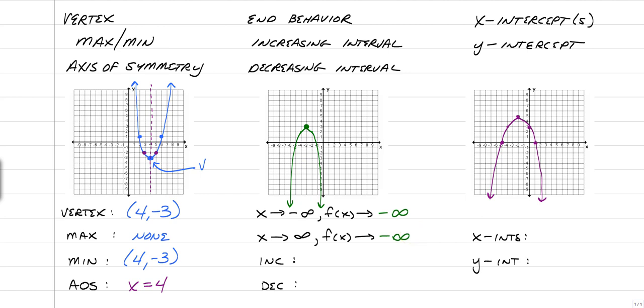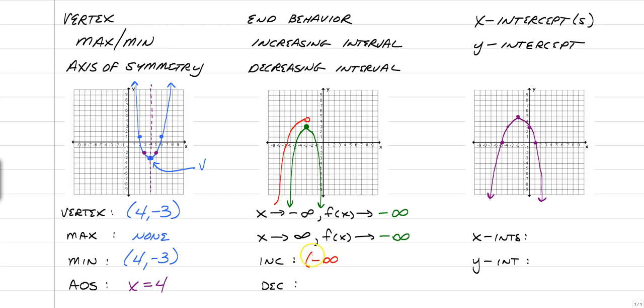Okay? Now our increasing and decreasing intervals. When you are talking about intervals, you always have to think in terms of reading. We always read left to right, so we're going to read a graph left to right. Coming from the left, we see that the graph is increasing all the way until it gets to our maximum point. So it increases from negative infinity.